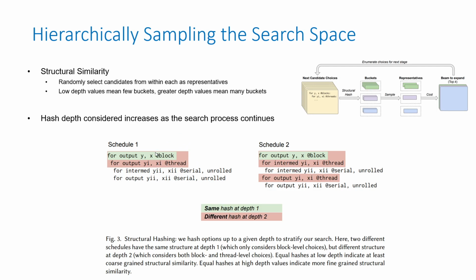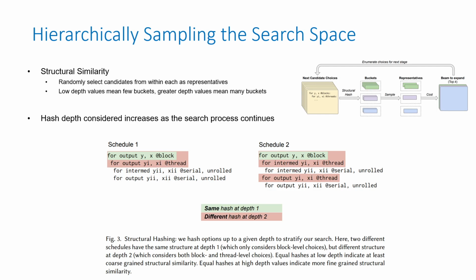So for example, in here you can pay attention only to the top outermost for loop, and if you compare these two schedules relative to the frozen schedule, the one in green, then they're going to be the same. So you're going to pick up one representative for each of them, and by doing this, you have fewer candidates to consider and less computation time, so your whole compilation process improves.